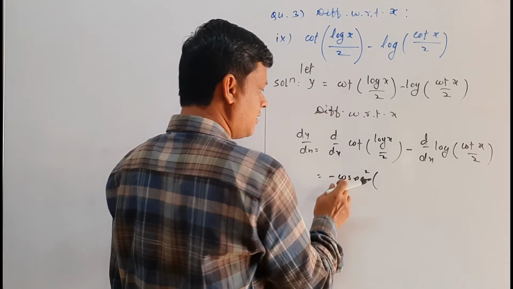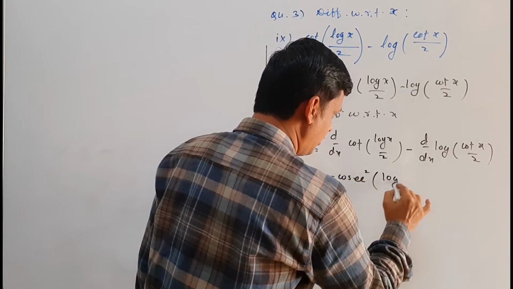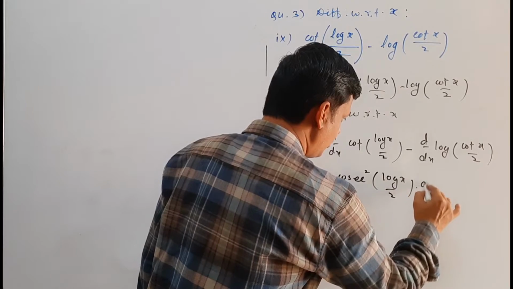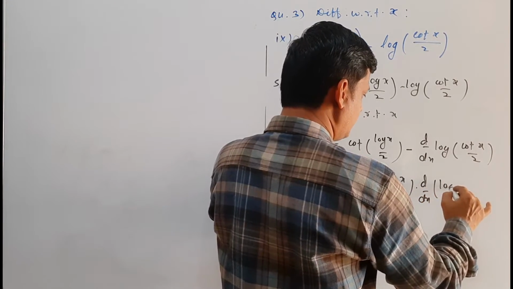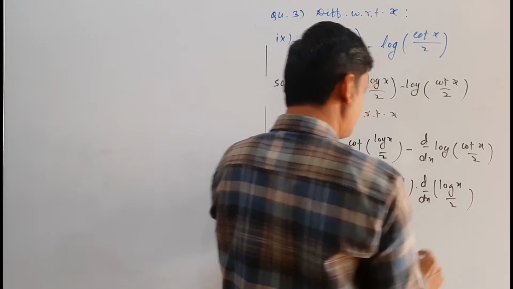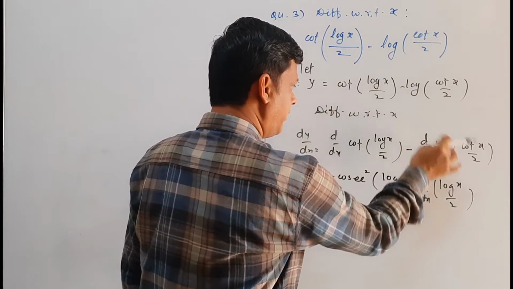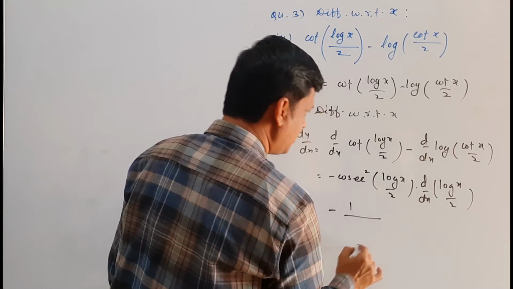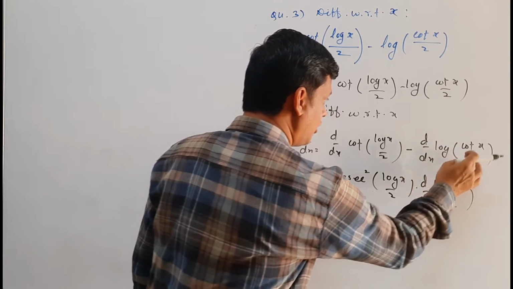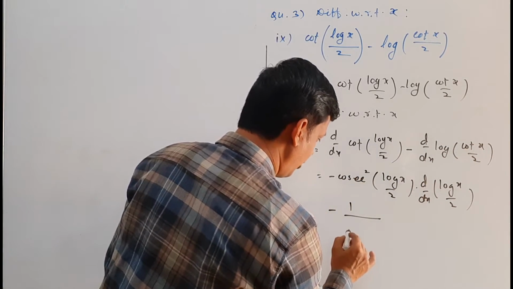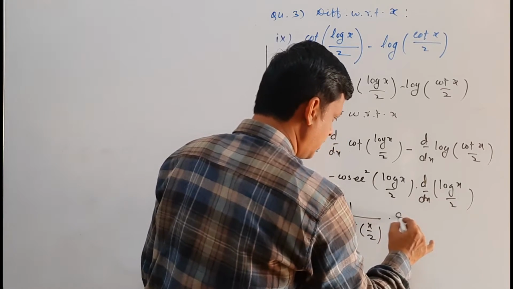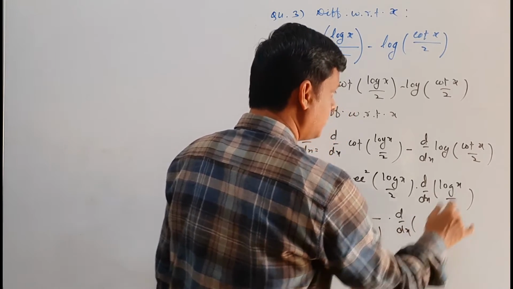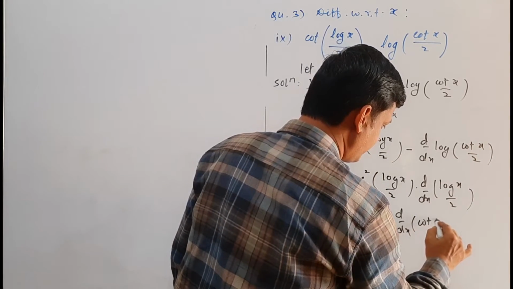So we write here minus cosec square of log x by 2 into d by dx of this log x by 2, minus, derivative of log x is 1 upon x. So we write here the derivative of log of cot x by 2 as 1 upon cot of x by 2 into d by dx of this cot x by 2.